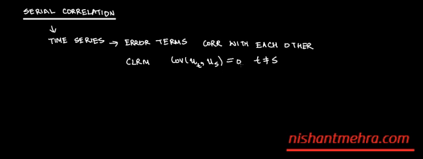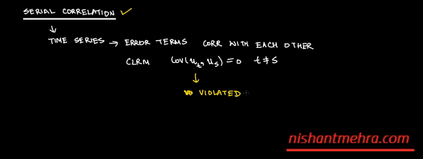But the problem is that this assumption is violated. This particular assumption is violated when error terms are correlated, and this is exactly the problem of serial correlation.